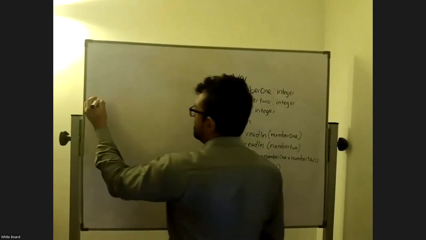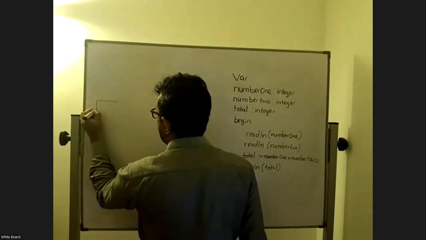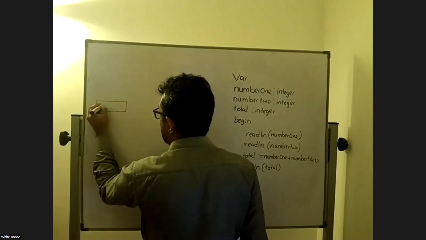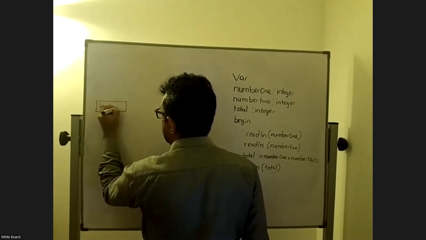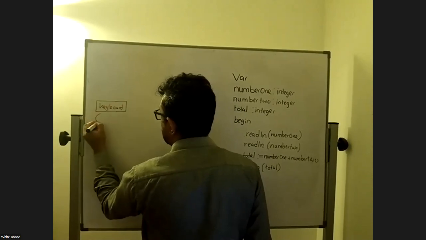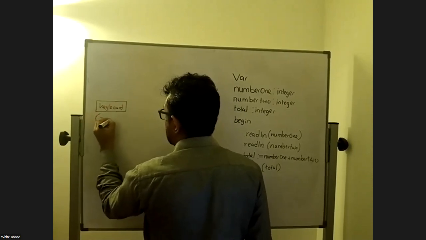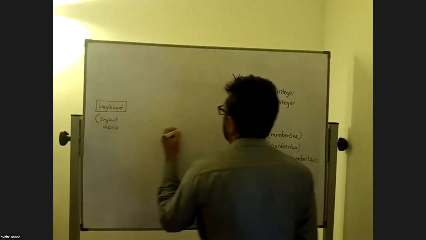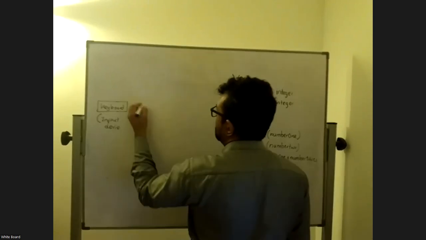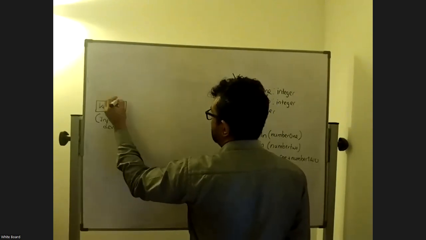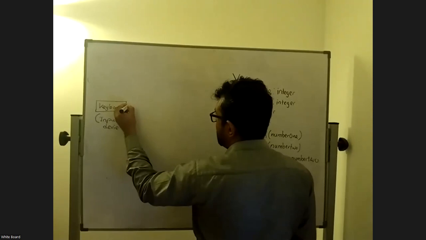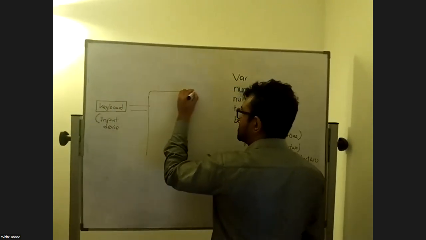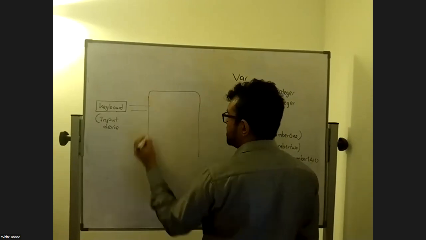Now let's draw the keyboard. That is the input, and we call it the input device. And here, once it is being input, if we can input these two numbers from the keyboard, it directly goes to the computer system unit.